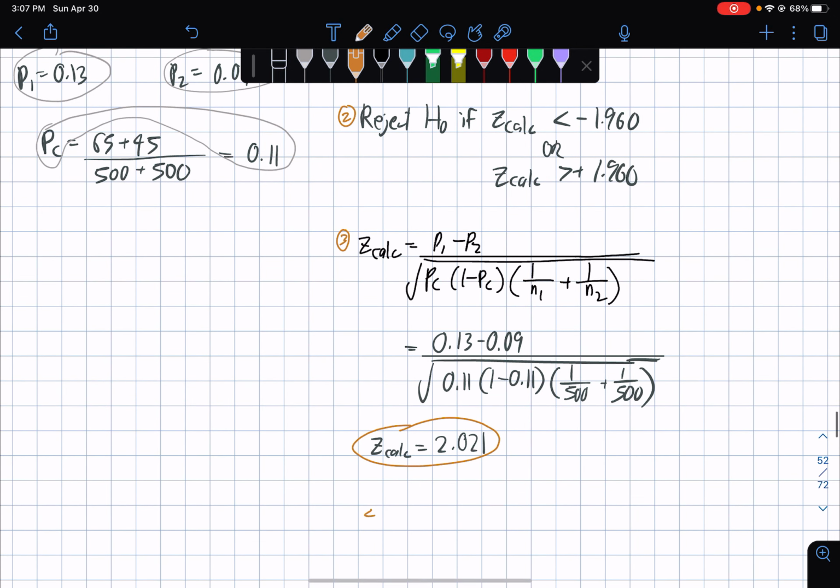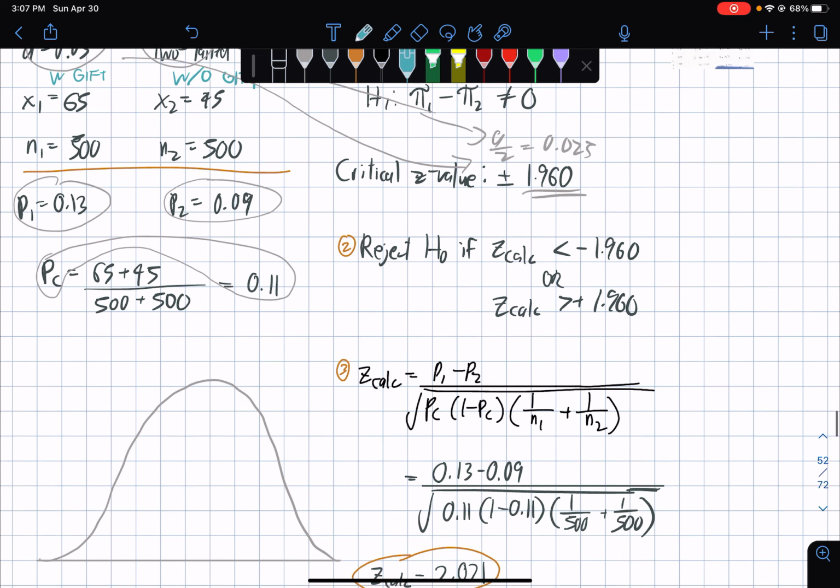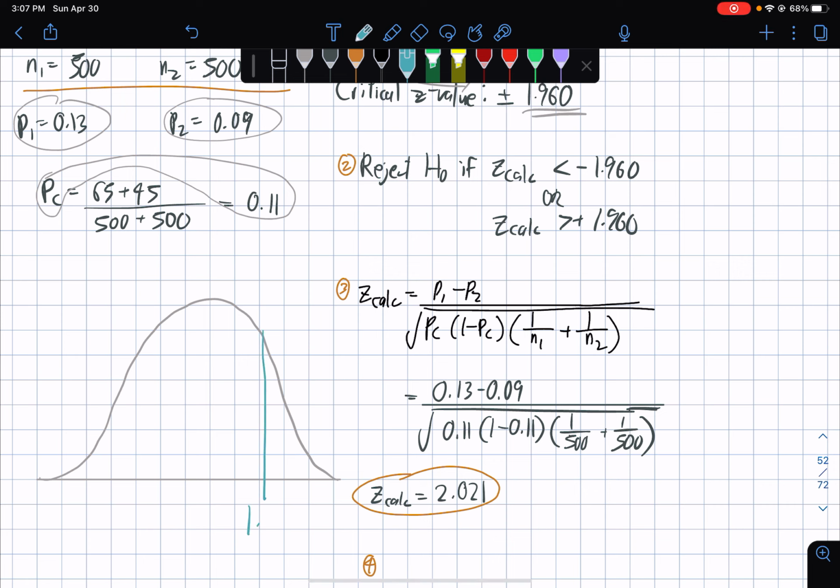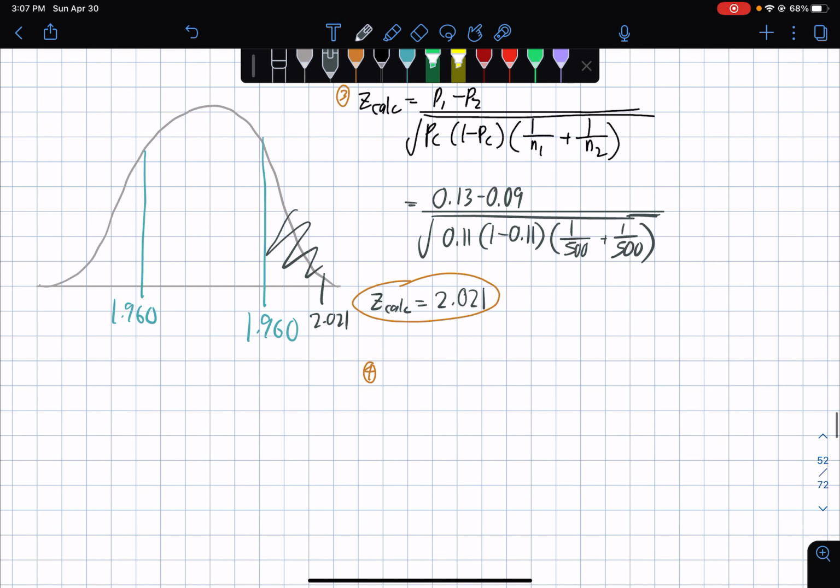Okay, step 4. Before that, let's check here. Plus minus 1.960. And then this region is 2.021. This region is reject. So reject H0.